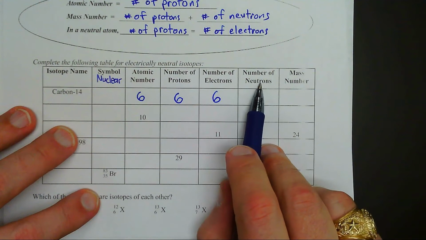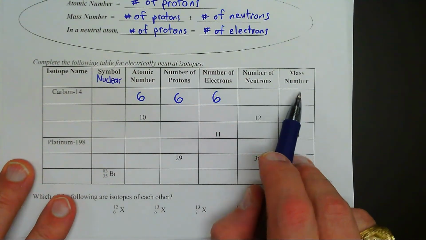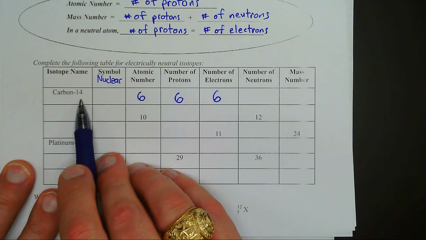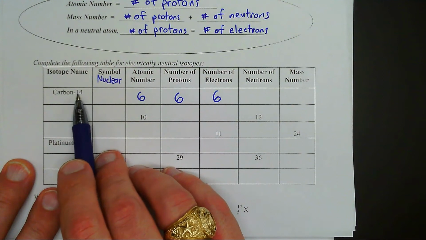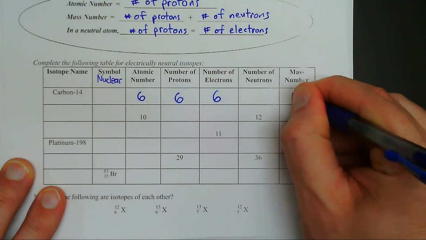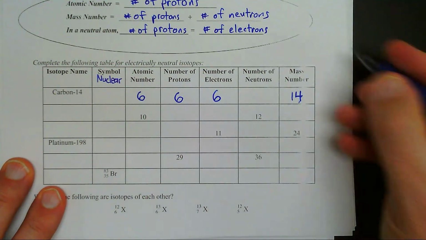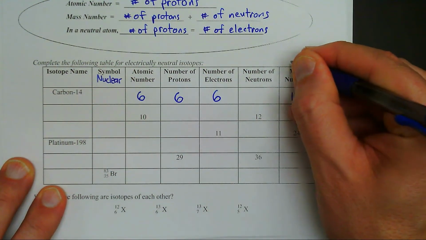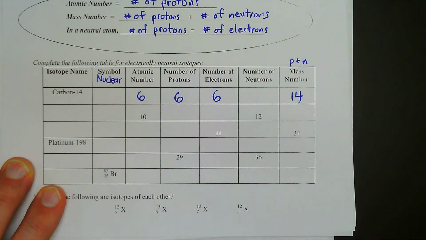And then for neutrons, we have to take the mass number. Well, I don't have the mass number, but it told me that carbon's mass number for this particular problem is 14. So now I can subtract, because I know that mass number is equal to protons plus neutrons.